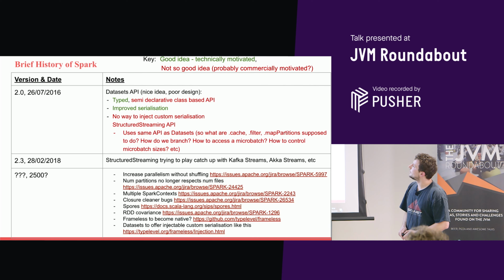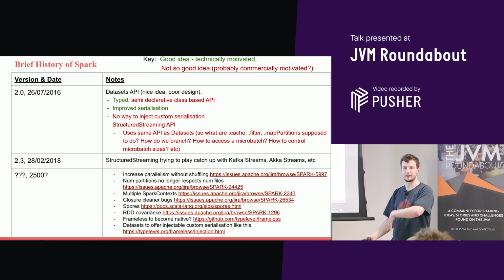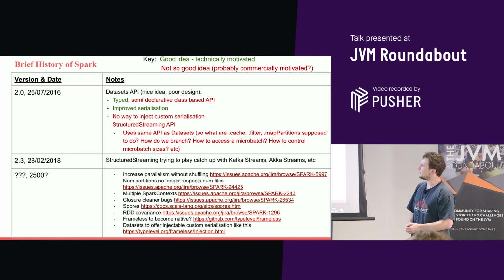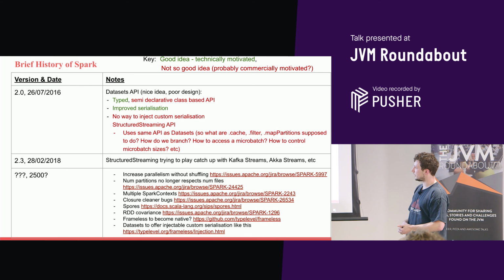And then they introduced the Structured Streaming API, realizing that the Spark Streaming API was not very good. It was marked as experimental. It's pretty much deprecated now, so don't use it. But the problem is they reused their Datasets API for structured streaming. So there are a lot of operations that no longer make any semantic sense.